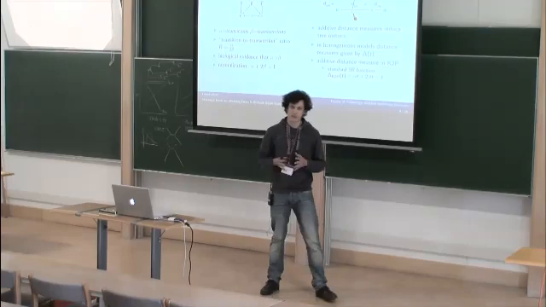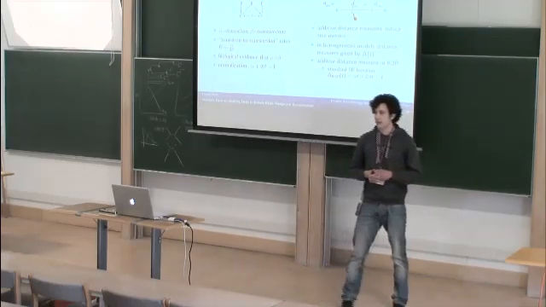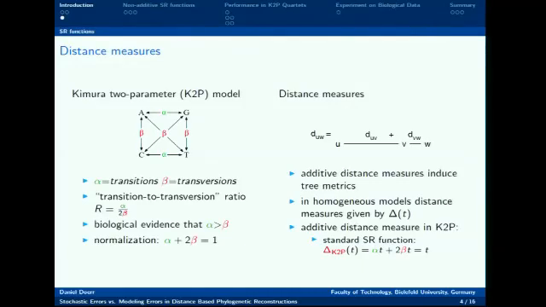And I want to show you some simulations, and in those simulations I use the Kimura 2-parameter model, which is a very simple model. It has only 2 parameters. It differentiates between transitions and transversions. I think we heard this before, so I'm not going into the details.